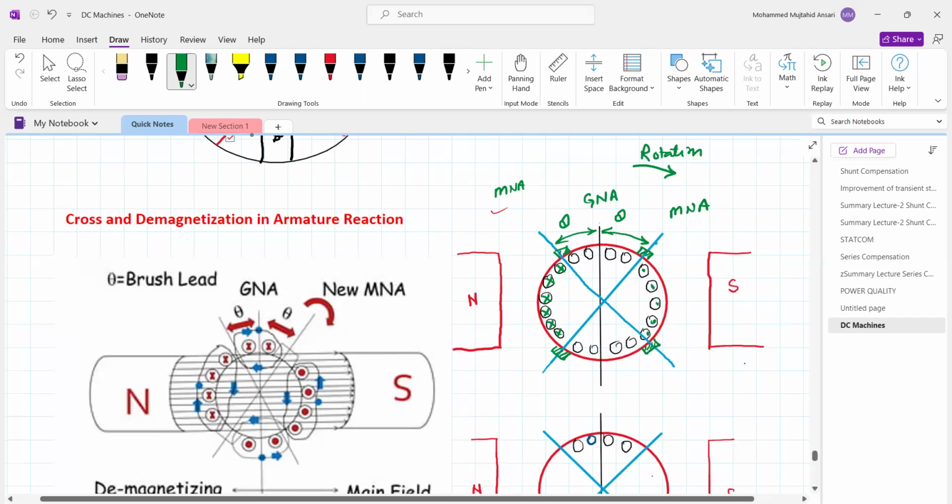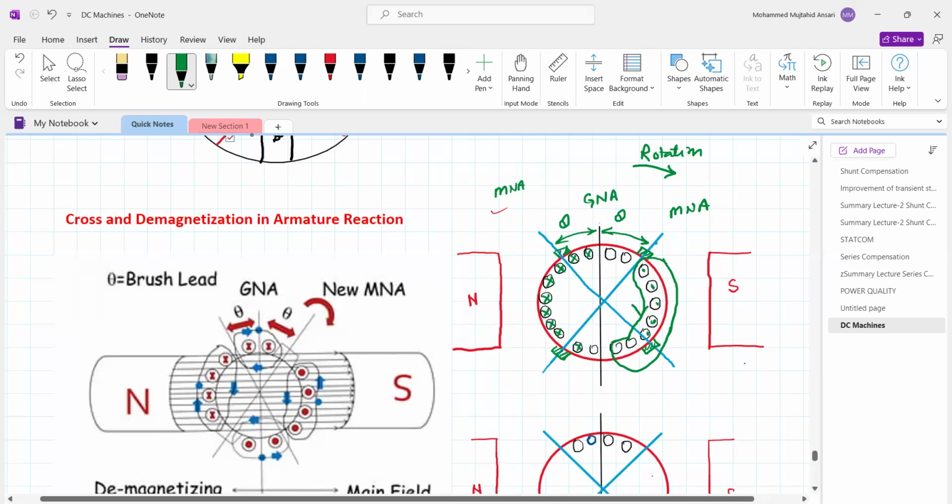Now, if you hold the conductor with your right hand, the thumb shows the direction of current and your fingers show the direction of magnetic flux. So this is going to produce the magnetic flux in this direction. This number of conductors, and this is also the opposite one. So we will not show this one conductor.